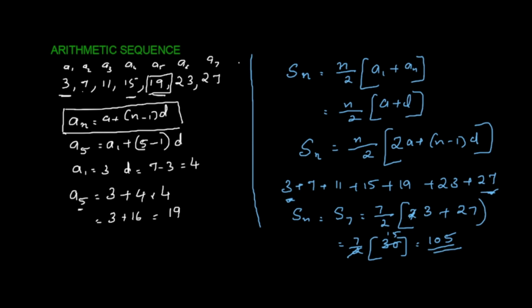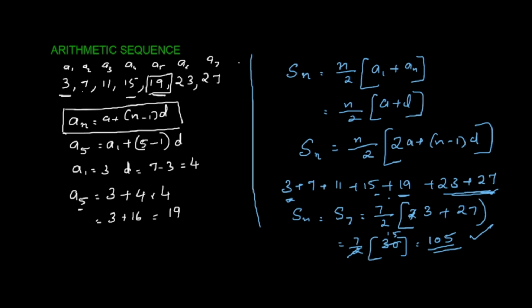By using the formula, we are getting 105, and we'll check from this series also. 3 plus 7 is 10, 10 plus 11 is 21, 21 plus 15 is 36, 36 plus 50 is 86, right? 86 plus 19 is 105, right? So after adding all these numbers, we are getting 105, right?